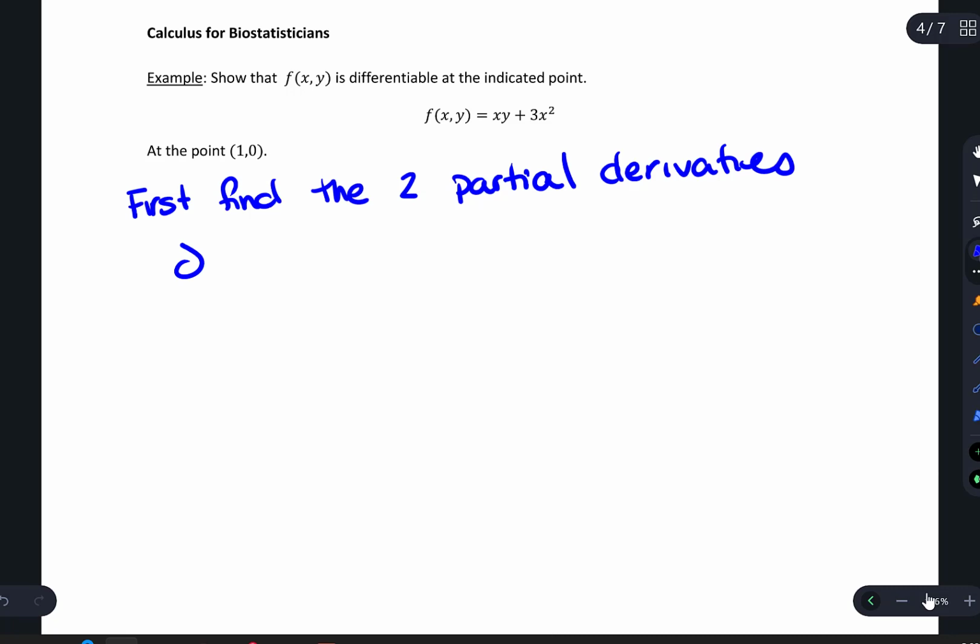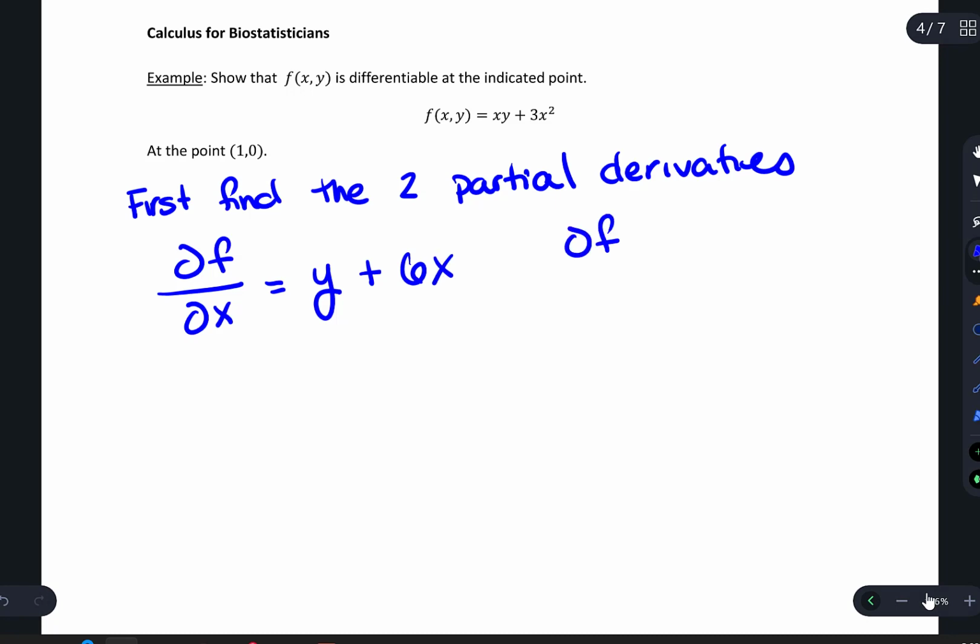We're going to find the partial derivative of f with respect to x first. Looking here, the first term is x y, y is a constant, so here we're just going to have y for the first term, plus 3x squared, so the derivative of that term is 6x.